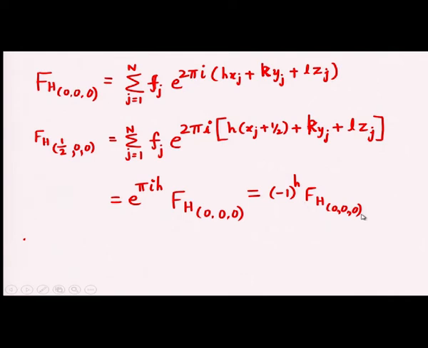So, when there is only one shift along either the a axis, b axis or c axis, we have the introduction of a phase factor multiplying the original structure factors: one is (-1)^h, another is (-1)^k, and the other is (-1)^l.